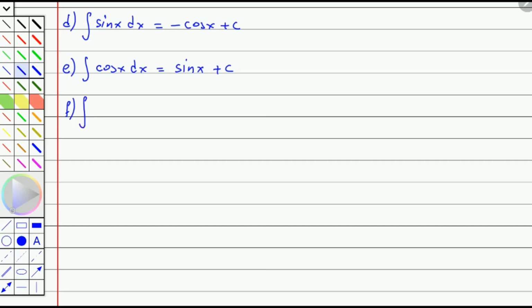F, the integral of f to the n of x times f prime of x dx equals f to the n plus 1 of x over n plus 1 plus c. Once again, n is a real number except negative 1.